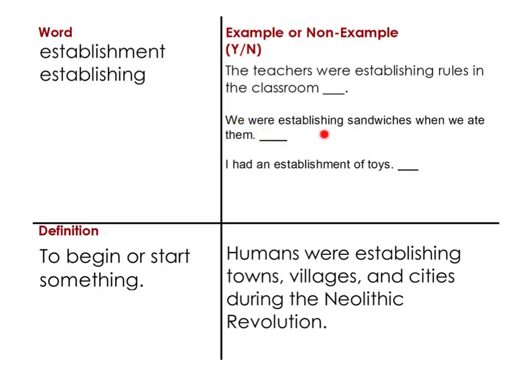We were establishing sandwiches when we ate them. I had an establishment of toys. And for some reason I did not have the word sentence here, but this is the sentence for the word establishment. Establishing.